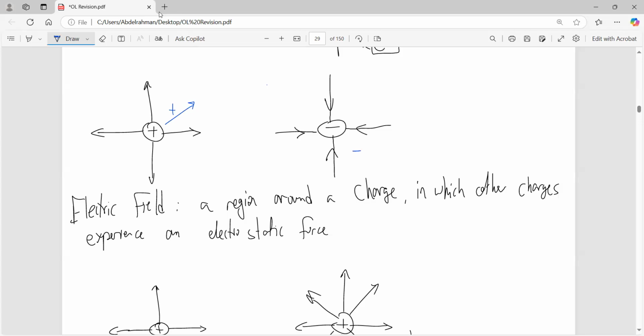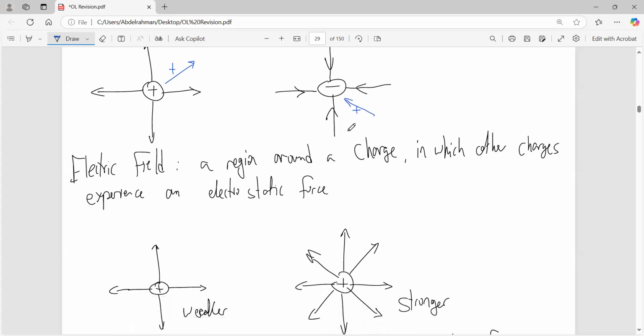What if I have the positive charge in a negative region? It would be attracted inwards. And that's why we say that the same charges repel and the opposite charges attract.